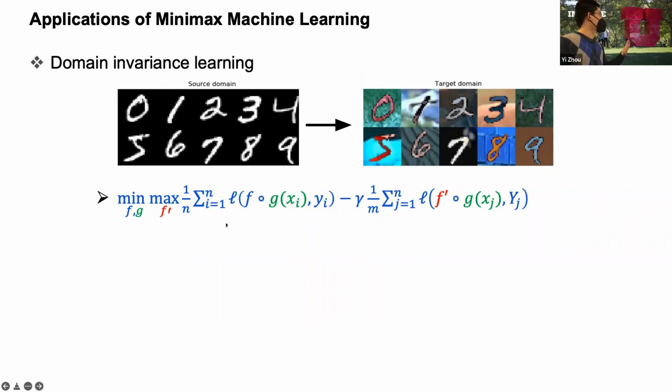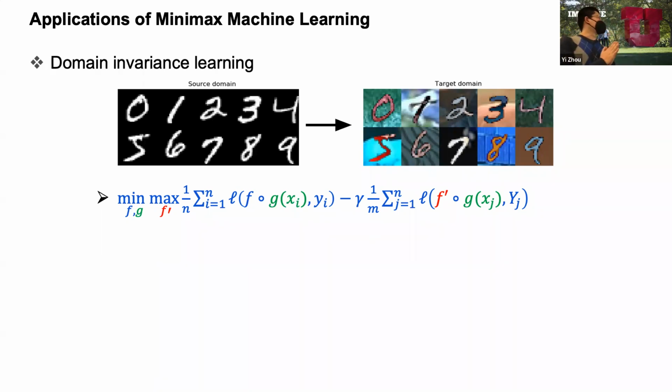In this domain invariant framework, we aim to solve the following minimax optimization problem to get this domain invariant classifier. The key idea is to obtain a feature extractor G. This G applies to the data samples and generates features corresponding to these data samples.